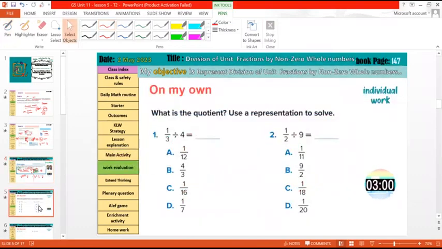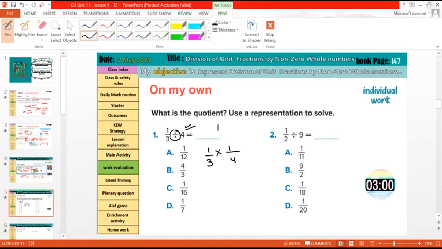Let's try to do 1 or 2 questions, and the rest you can do yourself. It's a very simple chapter. 1/3 divided by 4. Just now what did we say? Keep 1 by 3, change the division symbol to multiplication and 4 to 1 by 4.